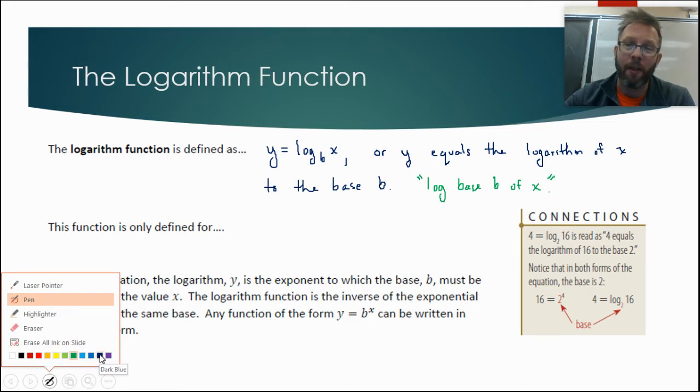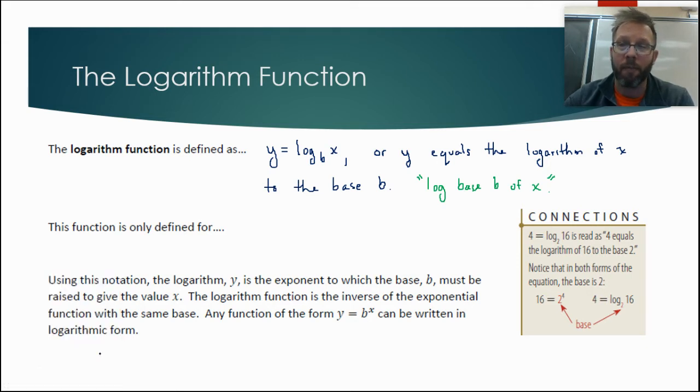For that function, we required b to be greater than 0. Either we had exponential growth for b bigger than 1 or decay for b between 0 and 1, but it had to be bigger than 0. So this is only defined for a base bigger than 0, and also the base can't be 1.